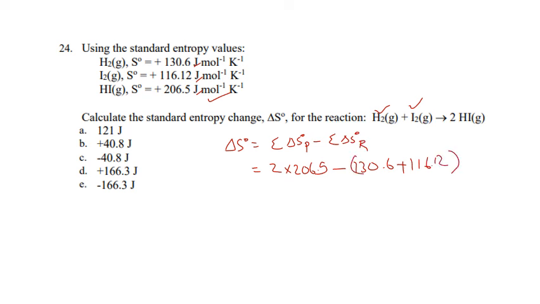When you add them up and subtract, you can see the delta S value is going to be 166.28 joules, and is it going to be positive or negative? It's going to be a positive value, so the answer is going to be D.